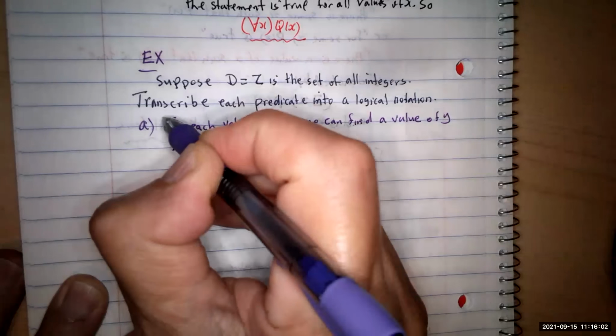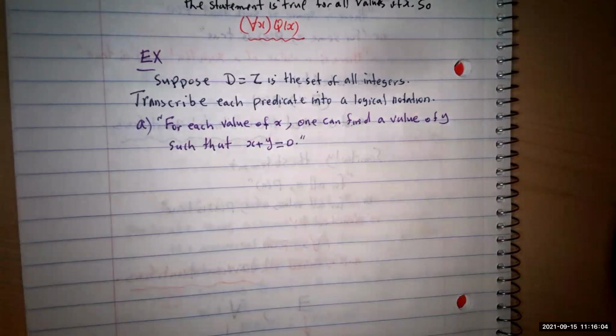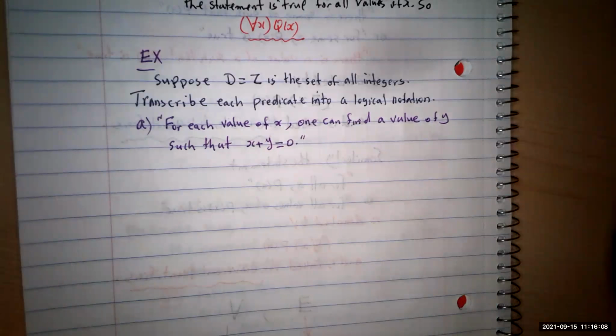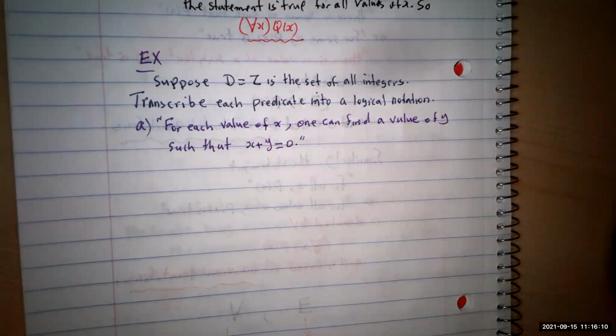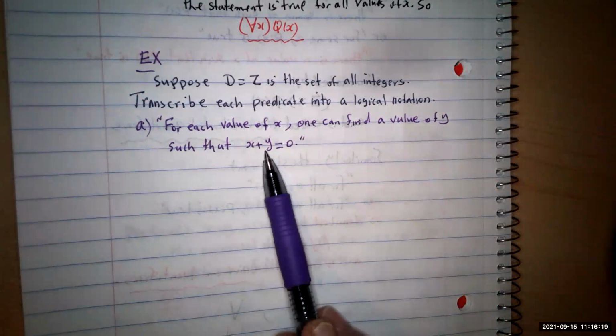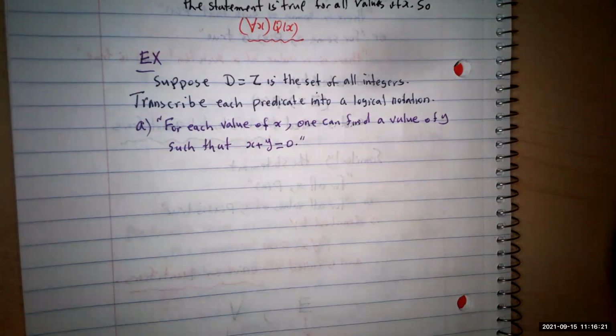This statement is given to you. We would like to write it down in symbolic form using the predicate notation. You have to identify your predicate statement first. This is going to be an equation in two variables, so you have to introduce your predicate with two variables.